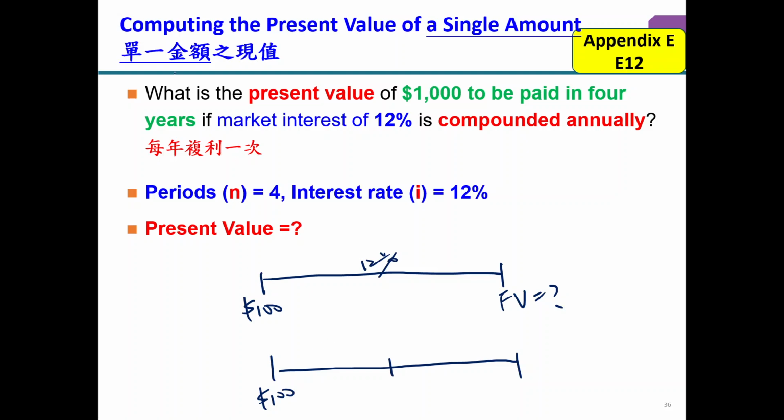Then your interest incurred every 6 months. So 6%, 6%, you got a future value. Can you tell me which case you will have a higher future value? Case 1 or case 2?